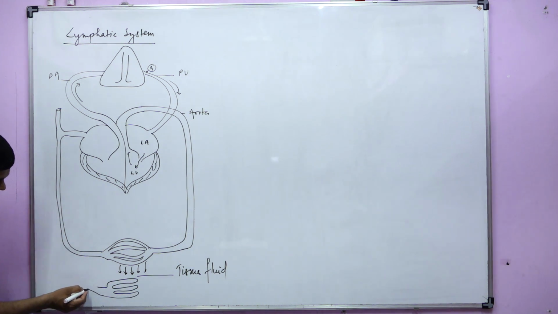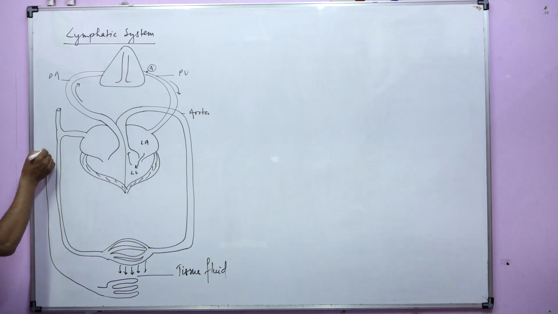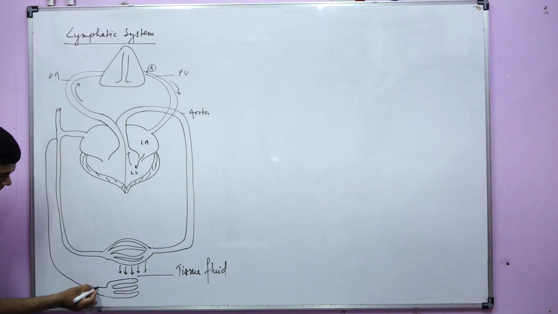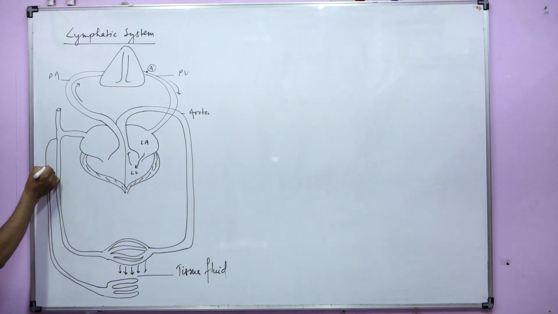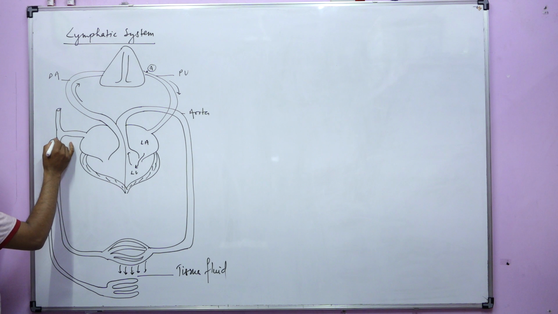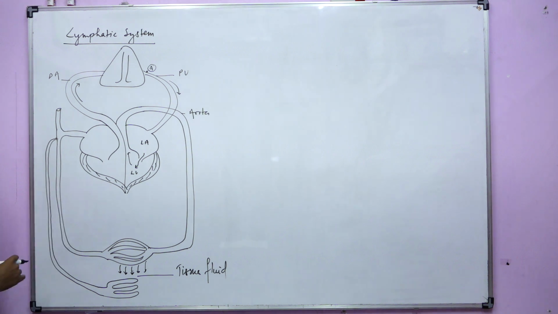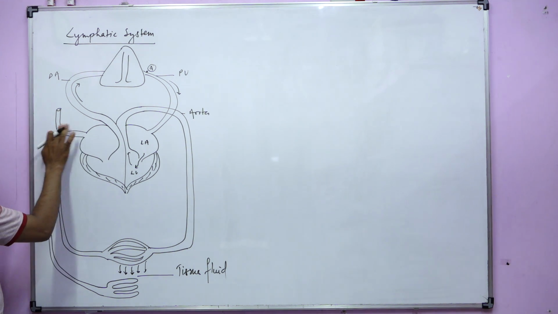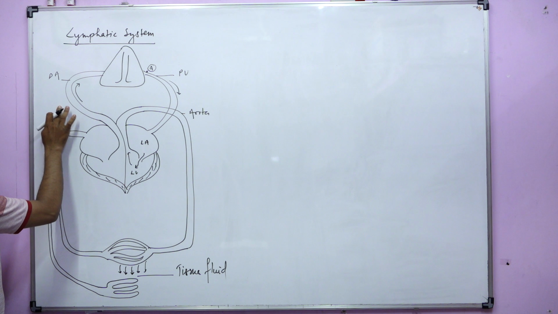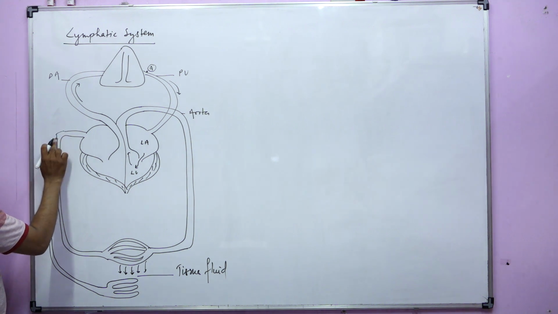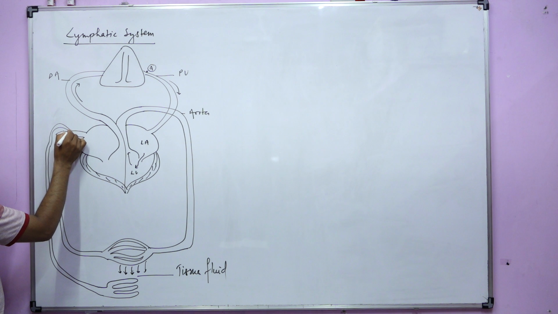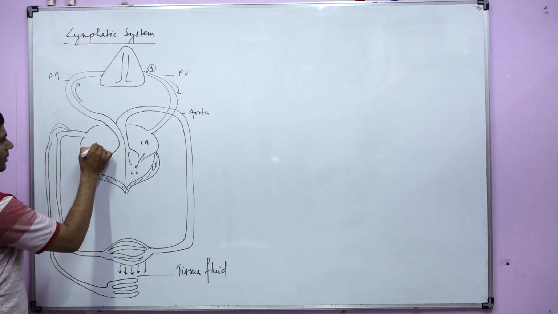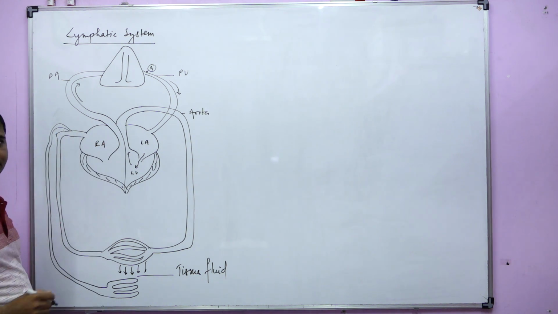These lymph capillaries will collect it and pour into the vena cava. I would modify this diagram. It will be poured just before it enters the right auricle.